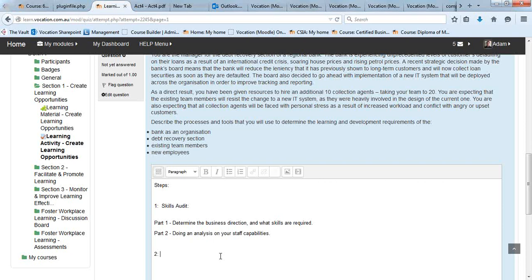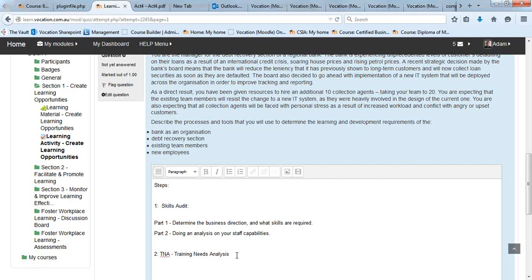Okay, so what we now need to do is, I would generally tend to move on to a training needs analysis, but we'll do that as step 3. So step 2: as an organisation, I would do my organisational skills audit. And then there is a very big need, and you're probably going to identify a really big need in addressing skills in a specific department, which is the debt recovery department.